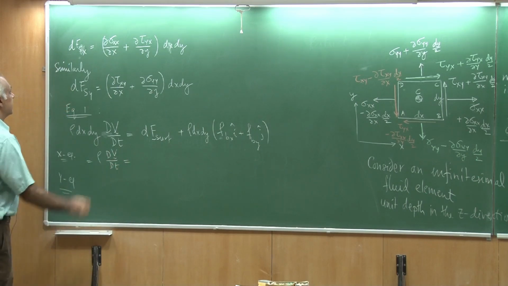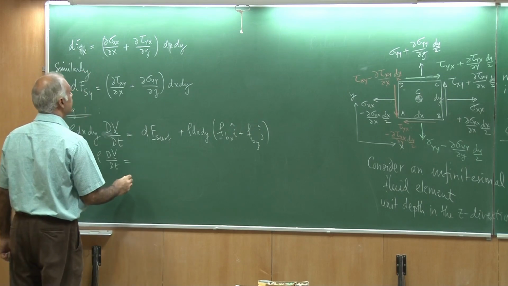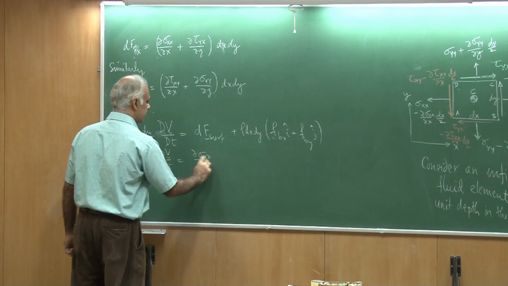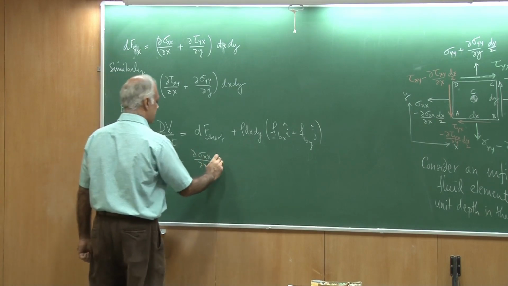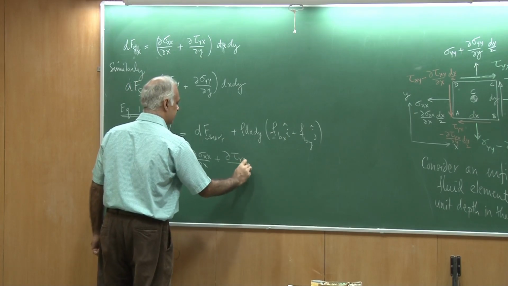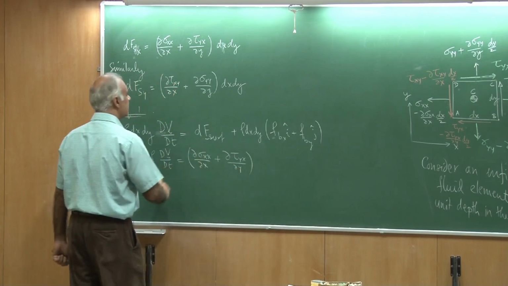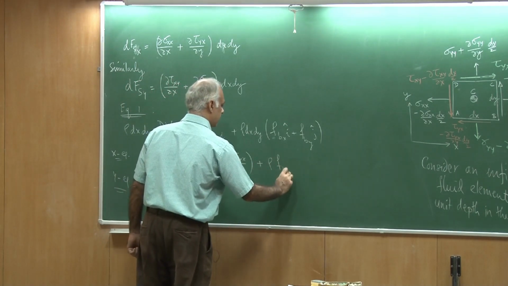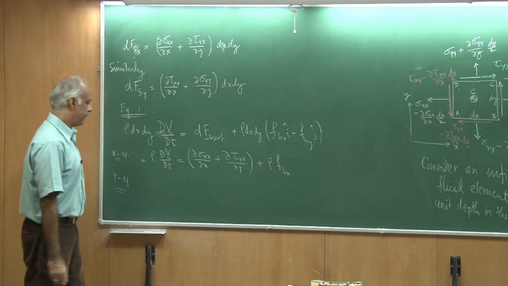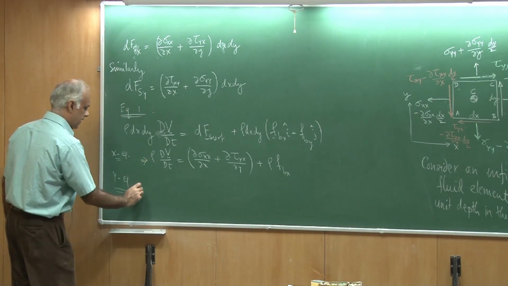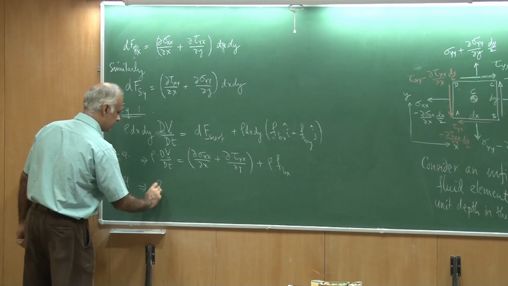This is the surface force in the x direction, so that would be simply del sigma xx by del x plus del tau yx by del y, plus rho f bx. So that's my x equation.